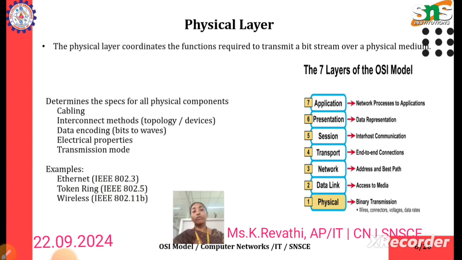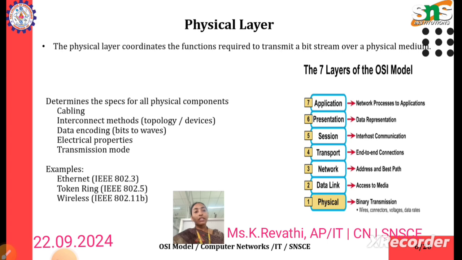Examples of cables are Ethernet, denoted by IEEE 802.3, token ring IEEE 802.5, and wireless connections represented by IEEE 802.11b.